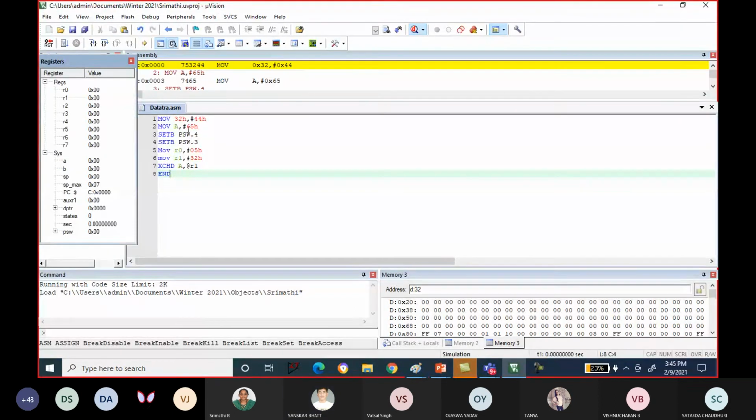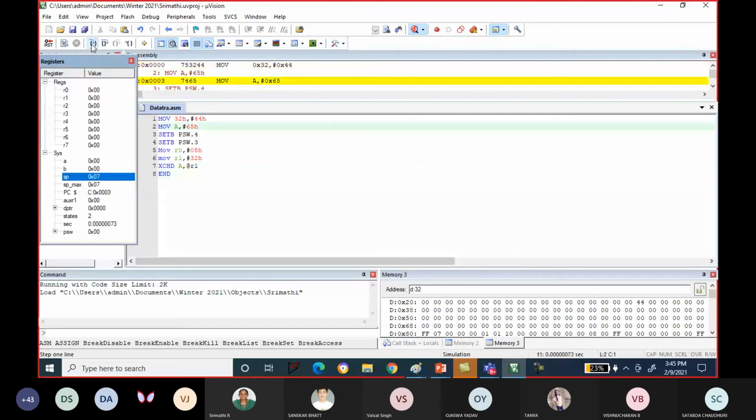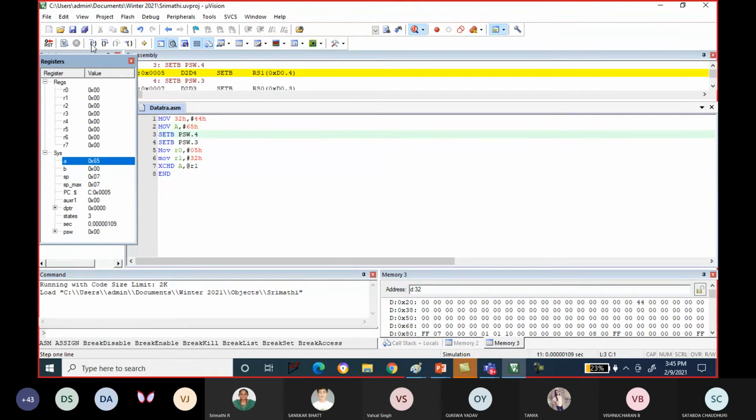So now, first the 32 memory location should have 44. Okay, let me go ahead with the steps. See, now A is having 65. Now A is moved to 65.